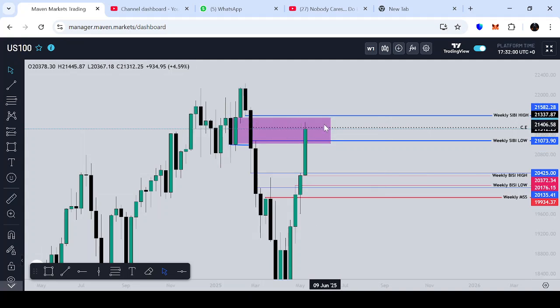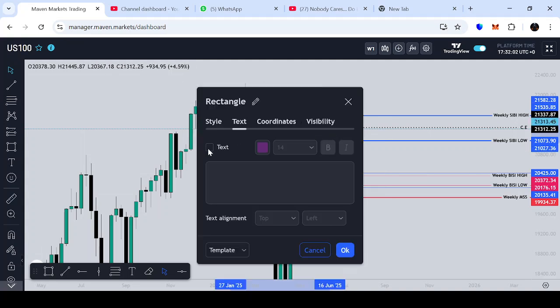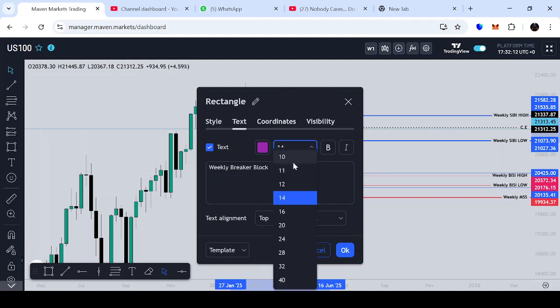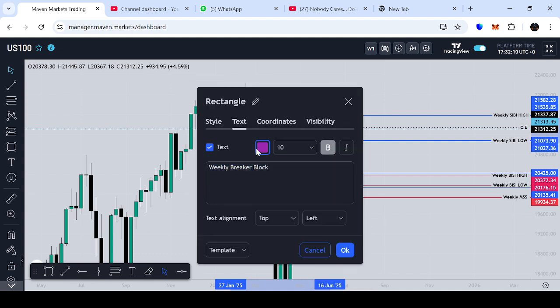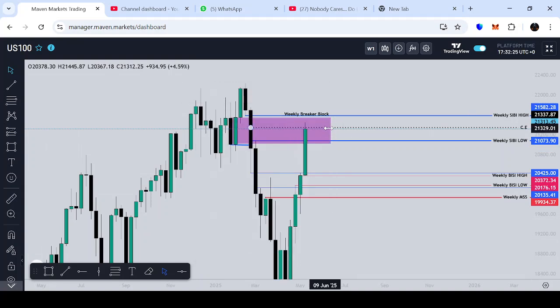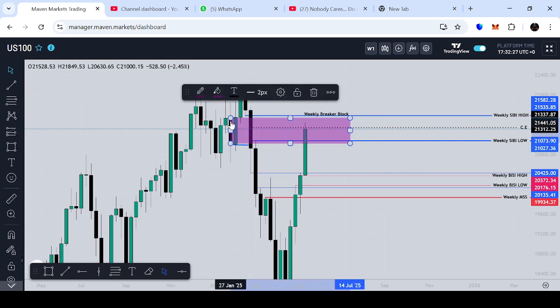That will stand as a weekly breaker block. That's the bearish candle there.